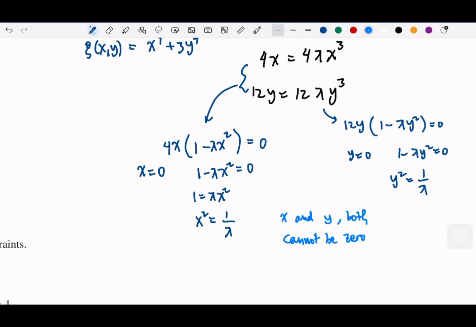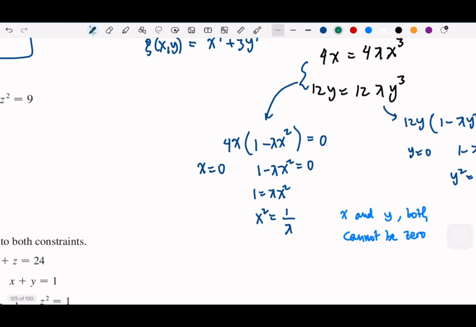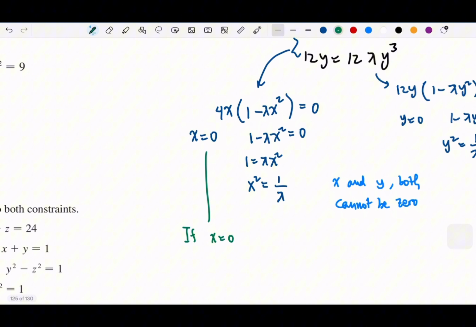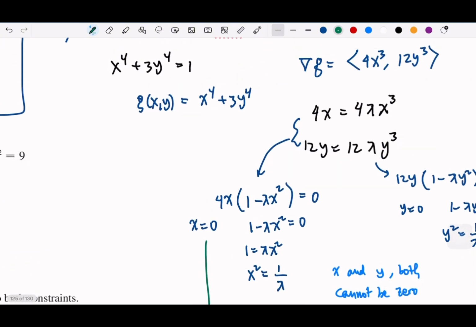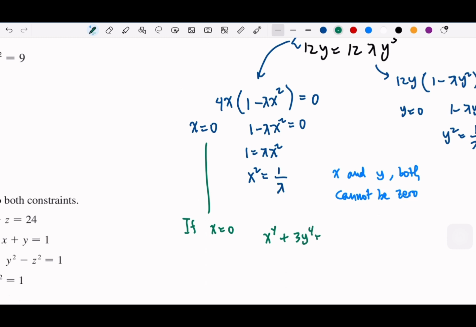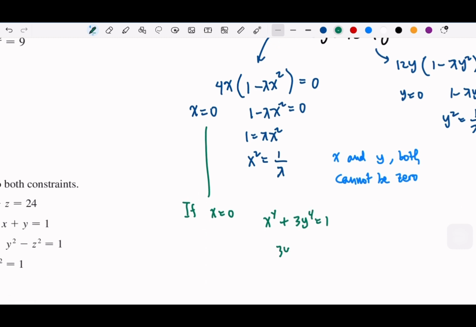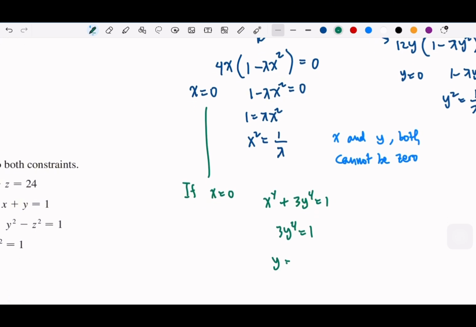So if x is 0, then from this equation we get that y will be plus minus 1 over, not cube, sorry, 4, 3, right?